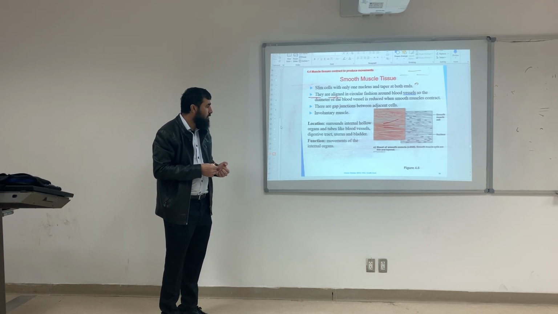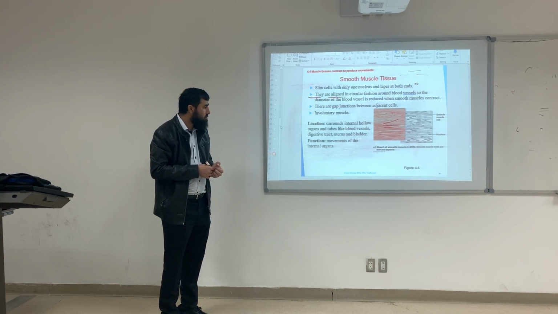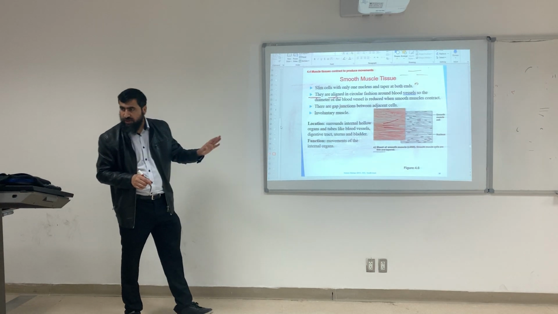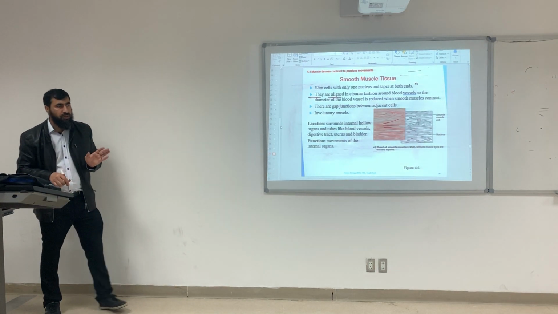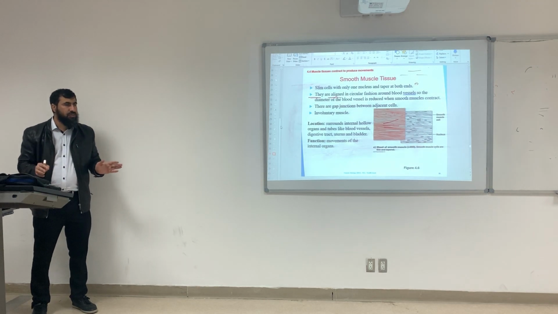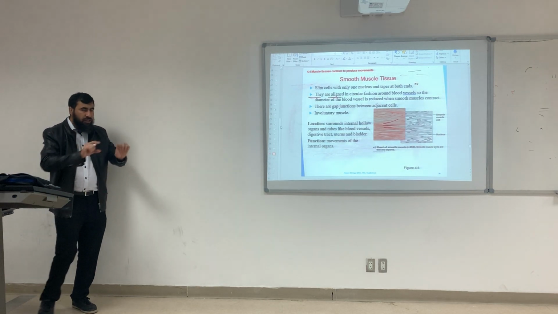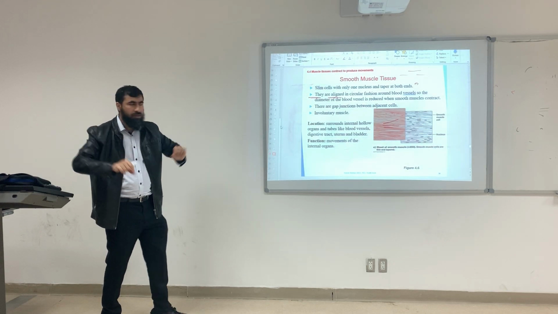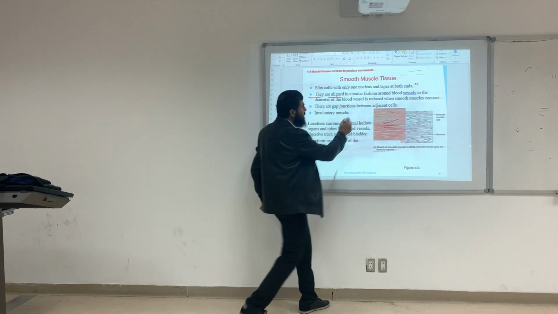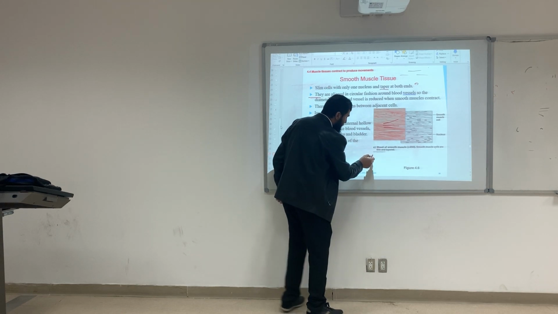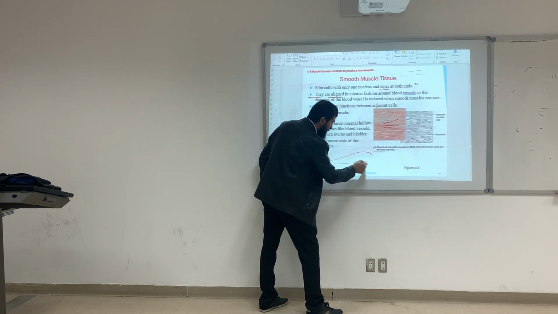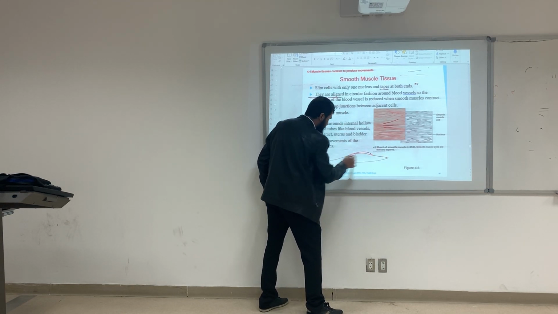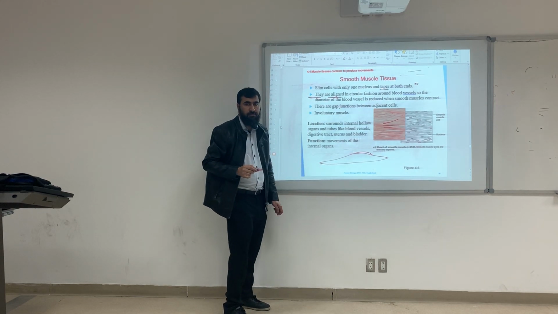I think that covers the smooth muscle. Smooth muscle is single nuclei, long cells that are pointy at the end or tapered. This word tapered means that the cell is like this. It has a pointy end on each side, okay?